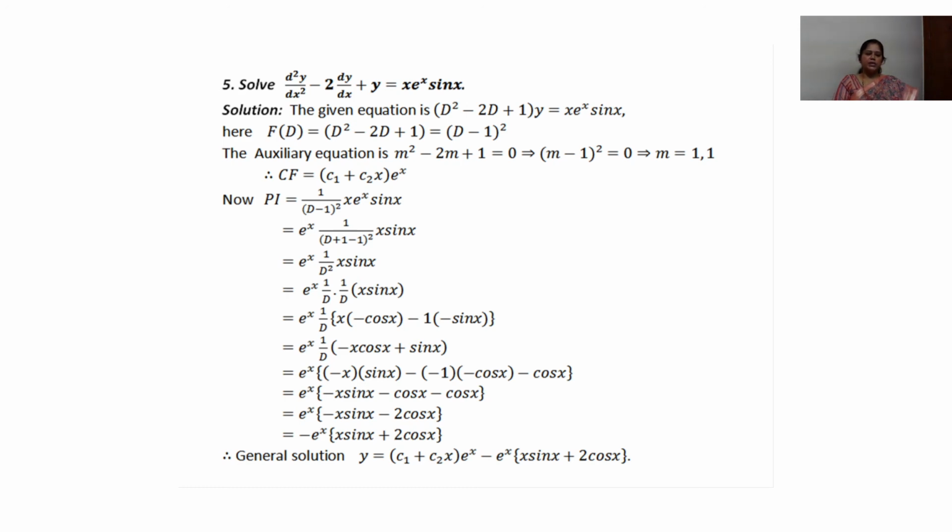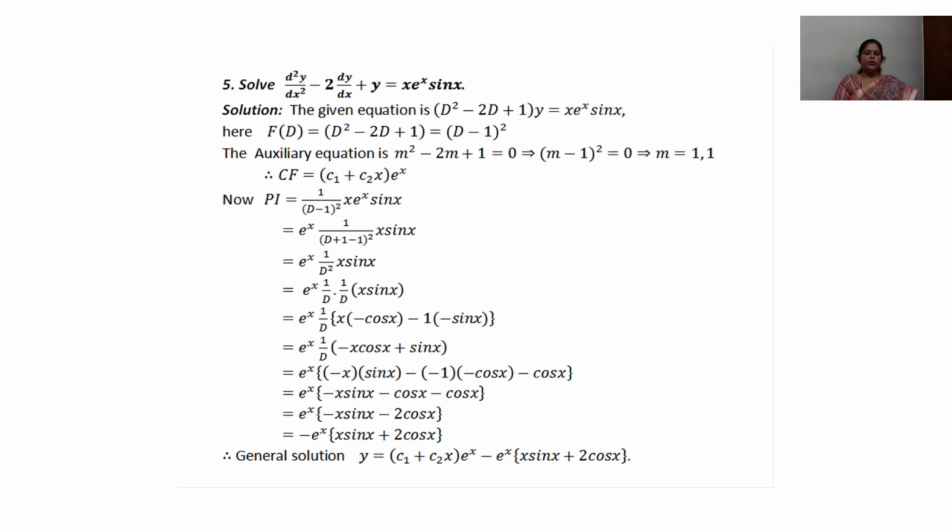Now we are taking PI is equal to 1 by f of d. What is our f of d in this problem? d minus 1 whole square, into x into e to the power x into sin x. See here, three terms are there: x, e to the power x, and sin x. As usual, first we have to simplify with the exponential function.